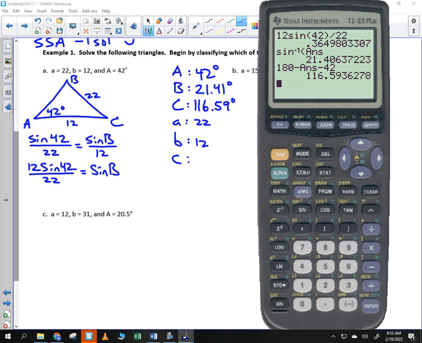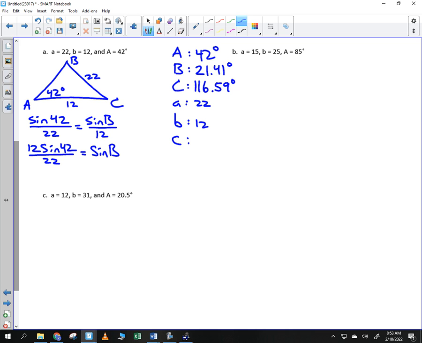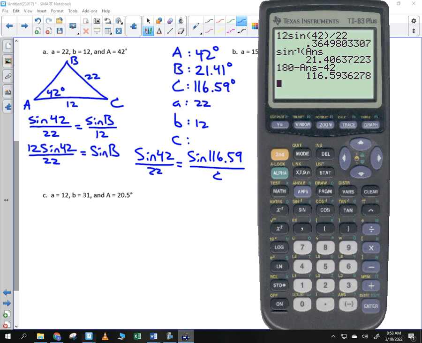So what am I going to do? Law of sines. Sine of 42 over 22 is equal to sine of 116.59 over C. Hopefully now, after working on your assignment yesterday, you've been able to figure out your cross multiplying and do it rather quickly.